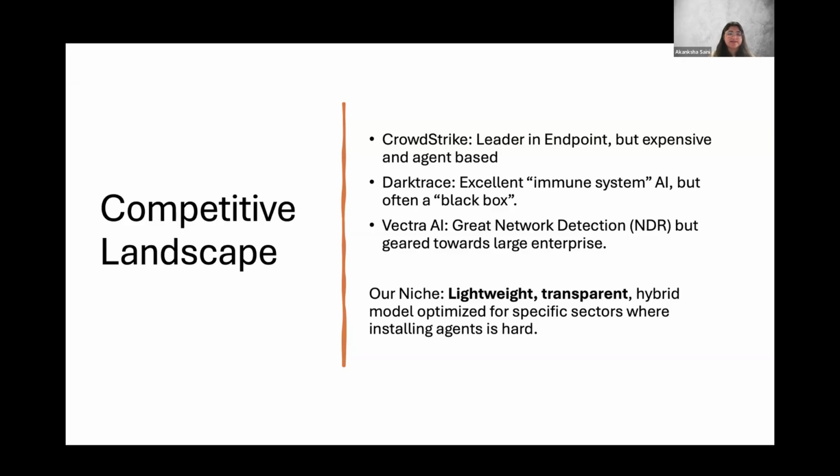Then Vectra AI is great for network detection, but it's geared towards large enterprises with massive budgets. But our niche is a lightweight, transparent, and hybrid model. It is optimized for specific sectors like healthcare, where installing agents on every medical device isn't feasible.